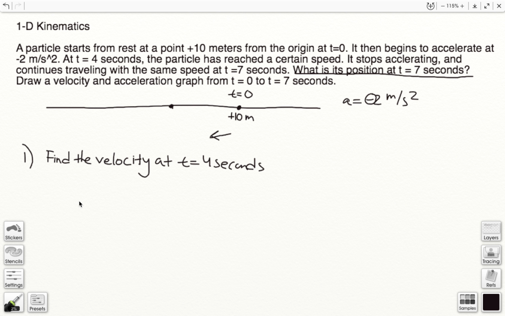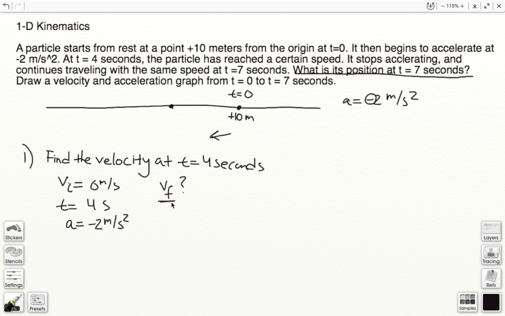So right now we're just going to focus on the part where the particle is accelerating. At time equals 0, it's at rest, so we know that our initial velocity is 0 meters per second. We're trying to find the final velocity at t equals 4 seconds. So our time is 4 seconds, and we know that the particle is accelerating at -2 meters per second squared.